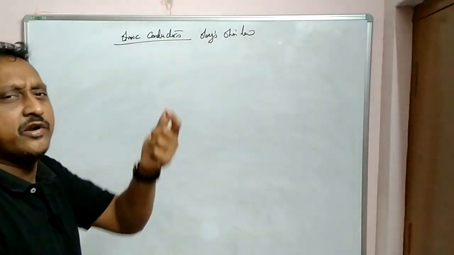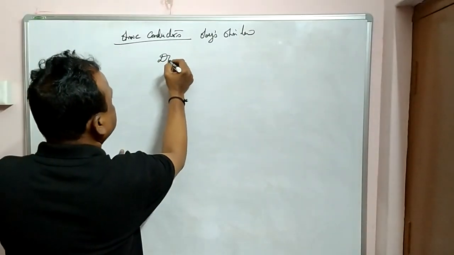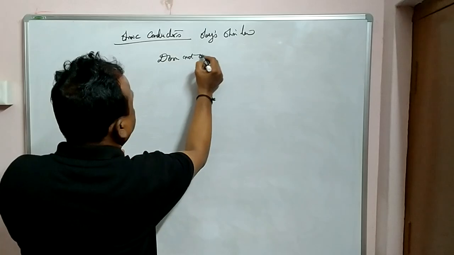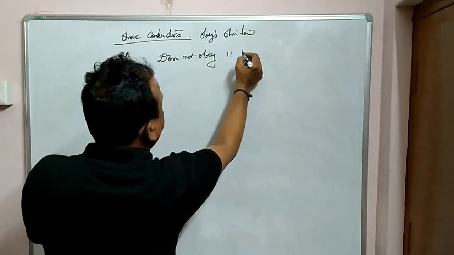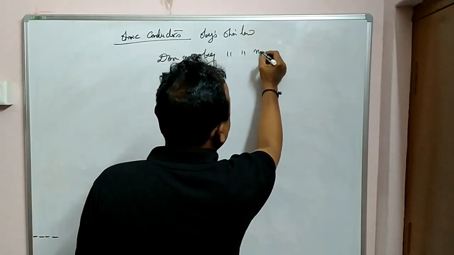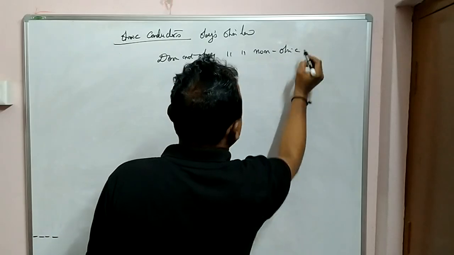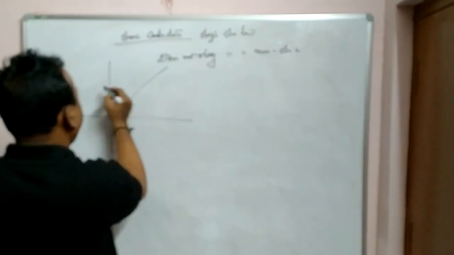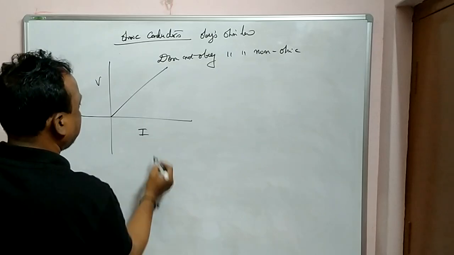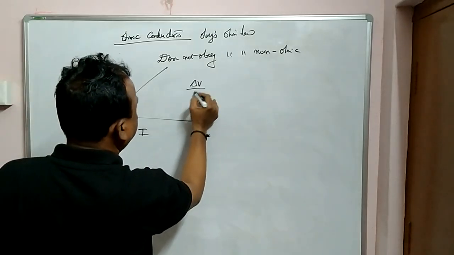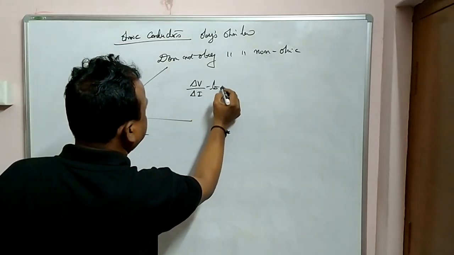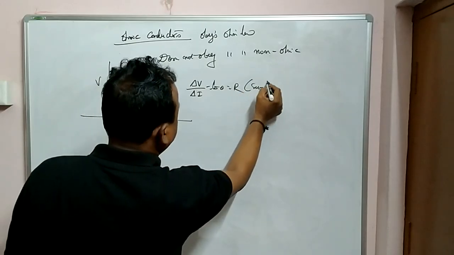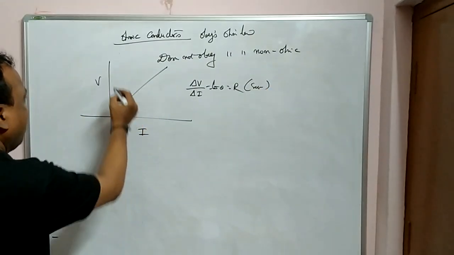And those which do not obey Ohm's law are called non-ohmic. If you observe the graph for Ohm's law, it is a straight line passing through the origin. So here delta V by delta I is equal to tan theta is equal to R, constant. Okay?